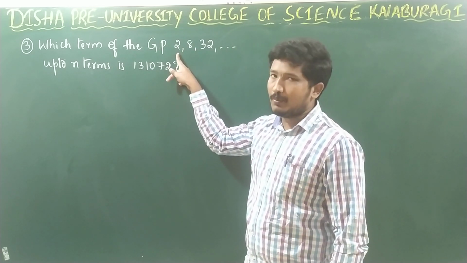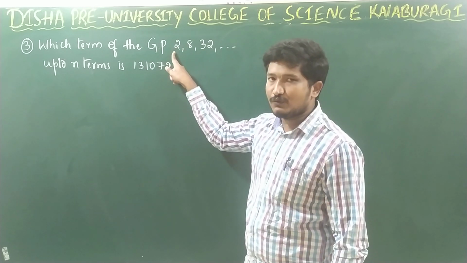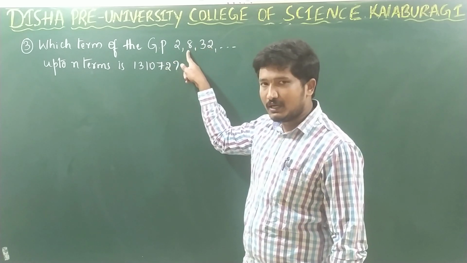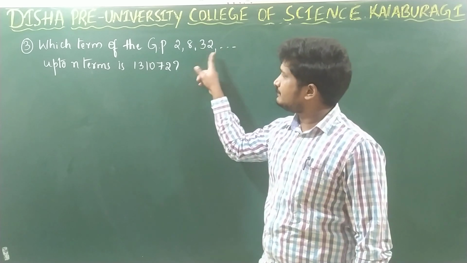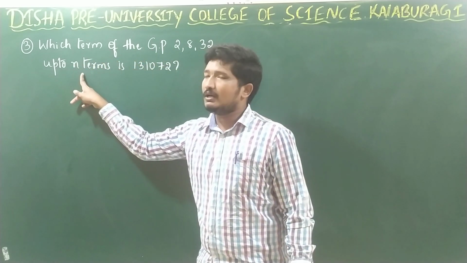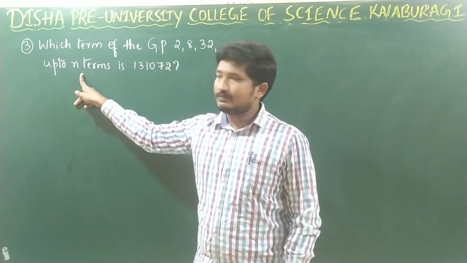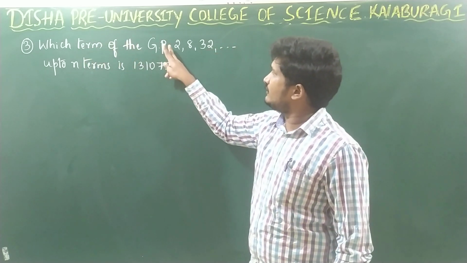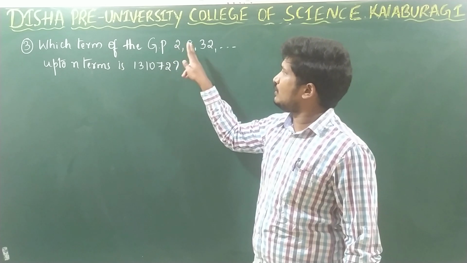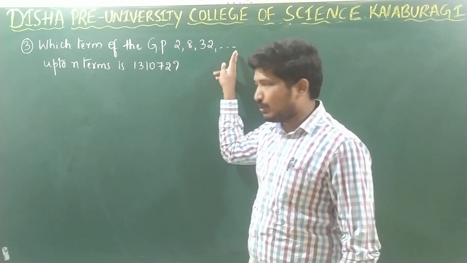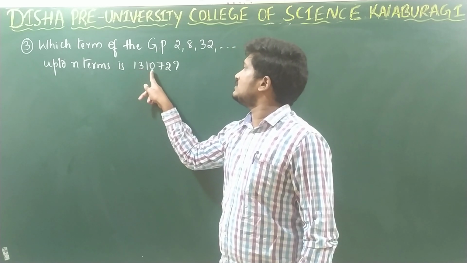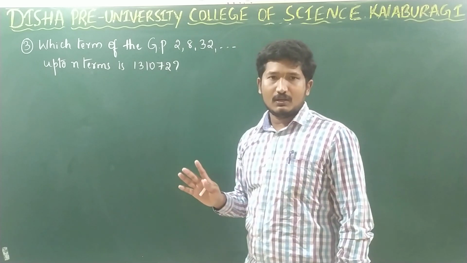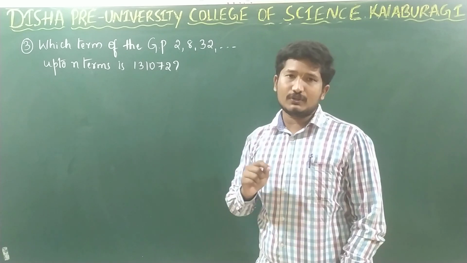Because the ratio is common. 8 divided by 2 is 4, 32 divided by 8 is 4, again the next term divided by 32 will be 4, right? Up to how many terms? Up to n terms. Which term of the geometric progression 2, 8, 32 and so on up to n terms is 131072, right?